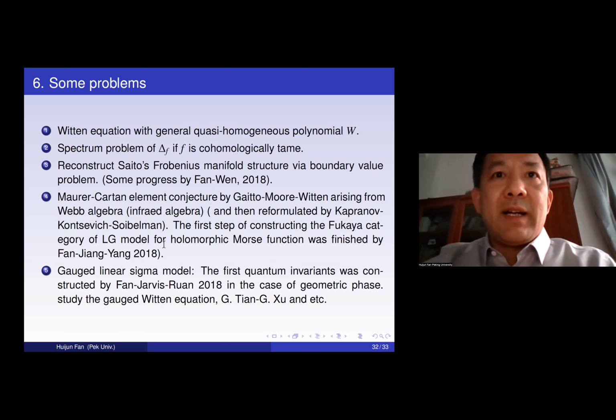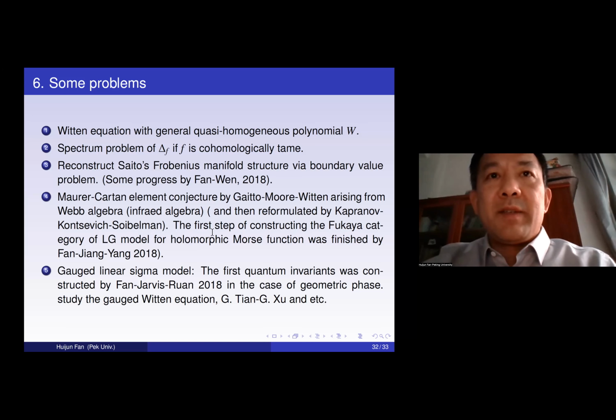And also there are some other questions related to the open version. The so-called Mirror-Cardan element conjecture by Gaiotto, Moore, Witten, arising from the Weyl algebra, the so-called infrared algebra. And then this algebra was reformulated by Kapustin, Kontsevich, Soibelman in terms of a second Poisson structure.